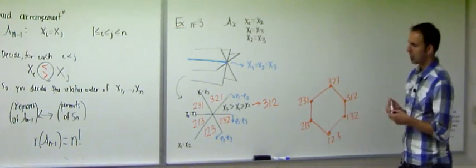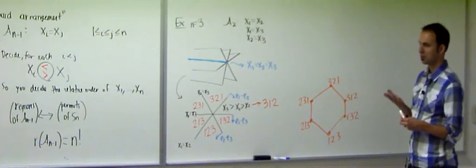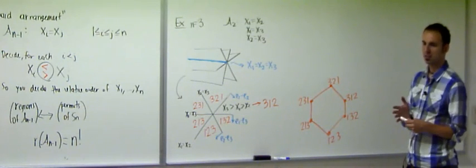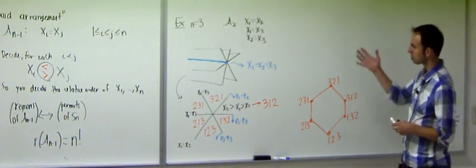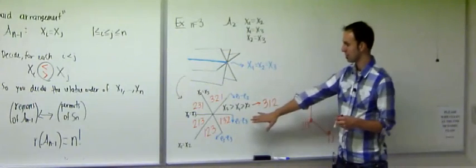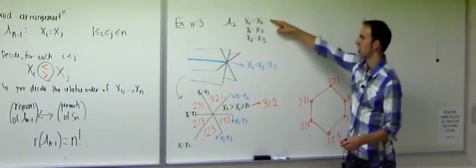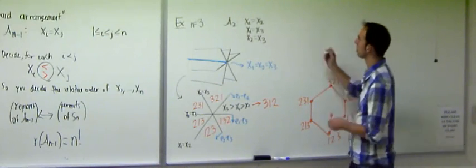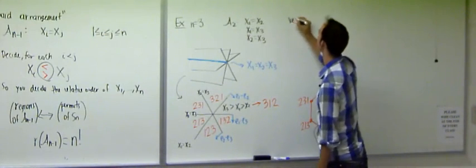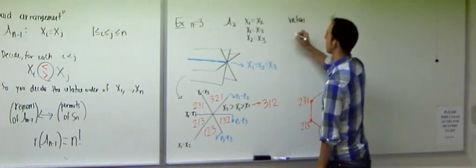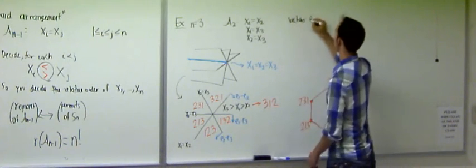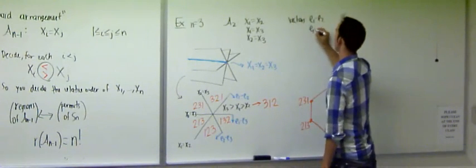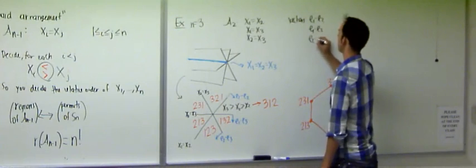And if you think about it, actually, this shouldn't really be a big surprise, because this is the arrangement of these equations. So what are the vectors? The vectors are e1 minus e2, e1 minus e3, and e2 minus e3.